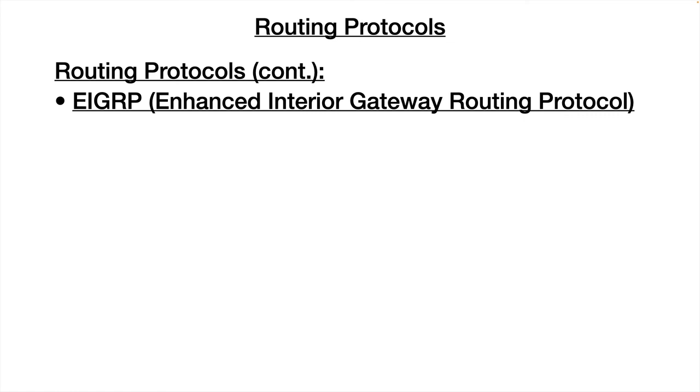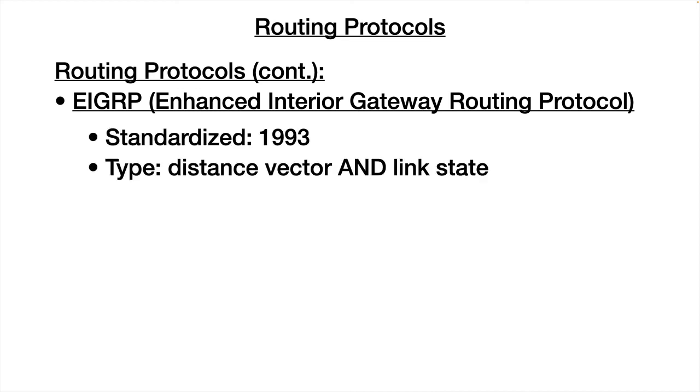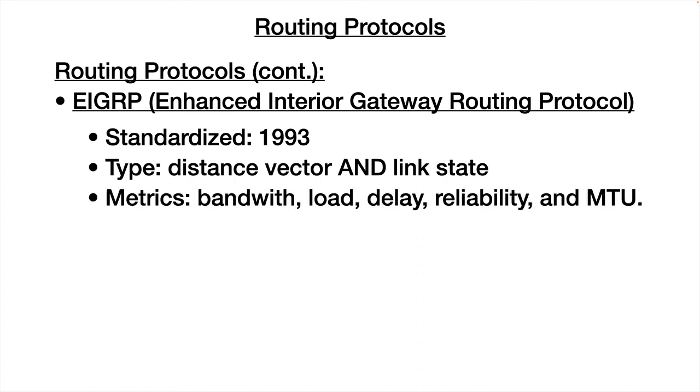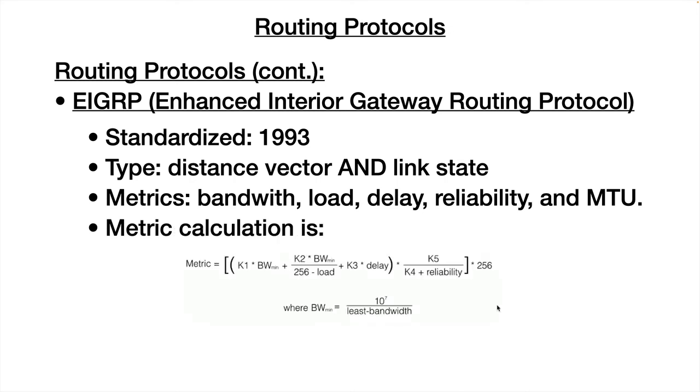EIGRP, Enhanced Interior Gateway Routing Protocol. This was standardized in 1993. It is a combination of a distance vector and a link state protocol. The metrics are bandwidth, load, delay, reliability, and maximum transmission unit. And this is kind of a crazy calculation that is used to determine the route packets make.